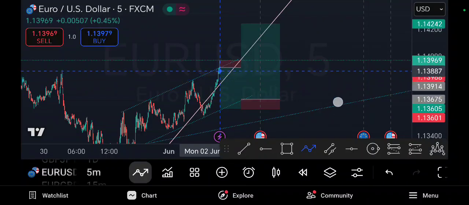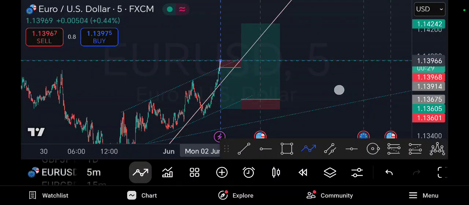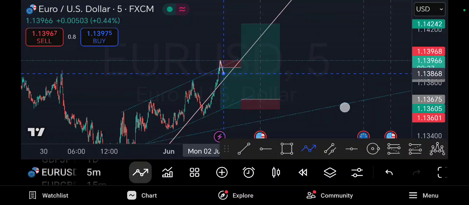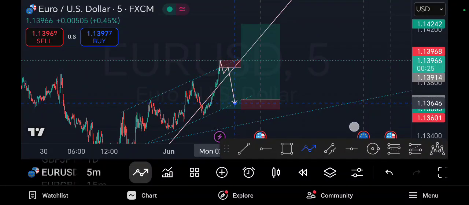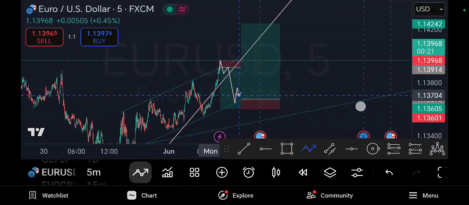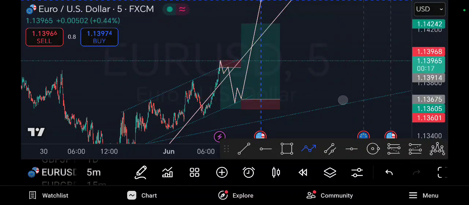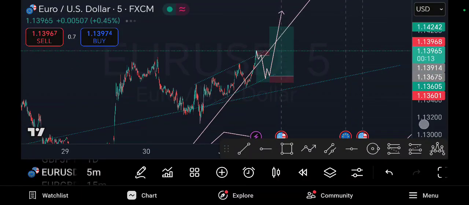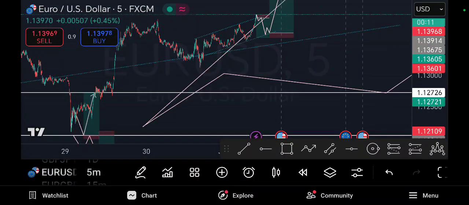I feel like this is a fake out. It's just going to play around and come back inside, come and shoot there, and maybe play around a bit also before it shoots. Then it shoots up, and that's what we have on Euro USD.